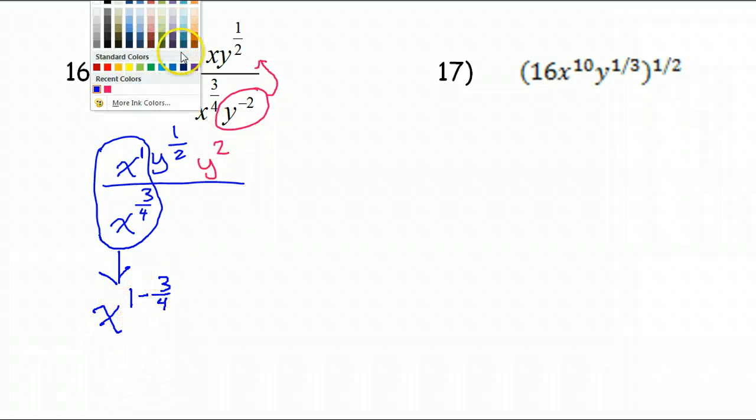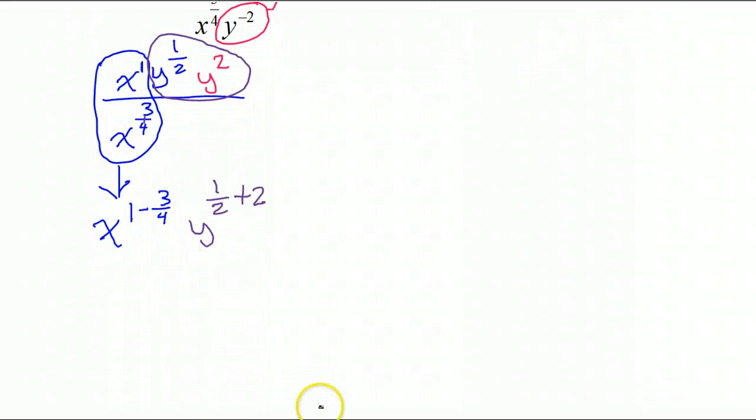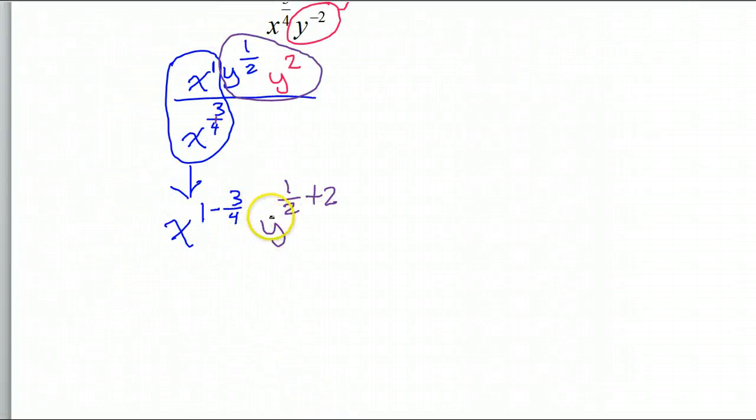And I'm also going to do the y's. But when you multiply, you add the powers. So when I do the y's, it's going to be y to the 1/2 plus 2. So I'm subtracting the x's exponents because I'm dividing, and I'm adding the y powers because I'm multiplying. So all I have to do is this subtraction and addition, and that'll be it.